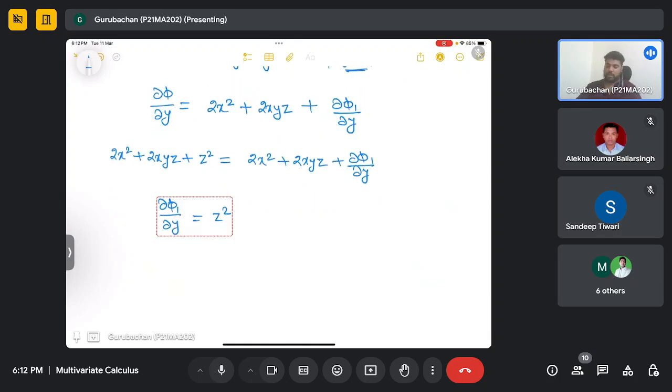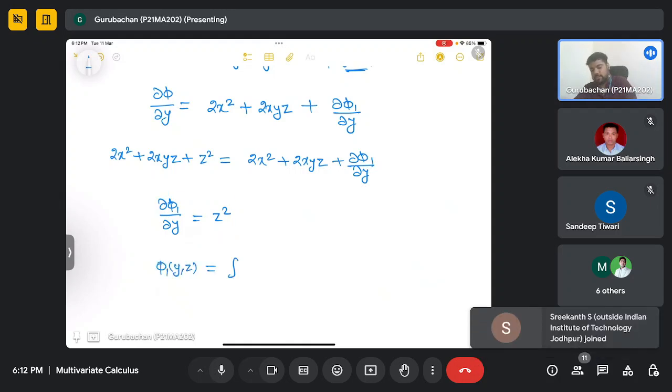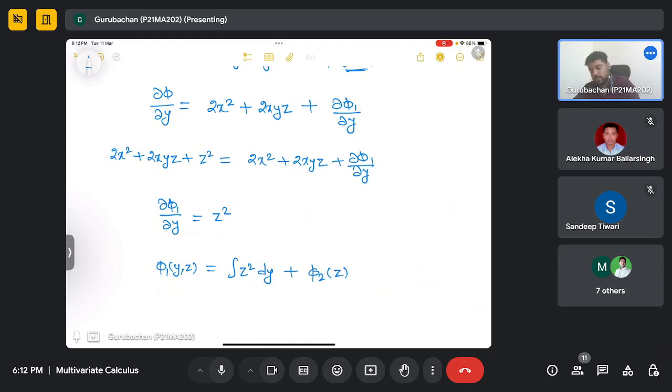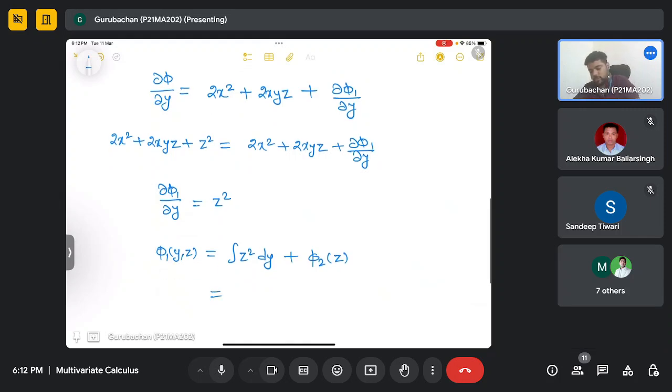Now we know that differentiating phi 1 with respect to y gives z square. After integrating with respect to y, treating z as constant, we get y z square plus phi 2 of z.